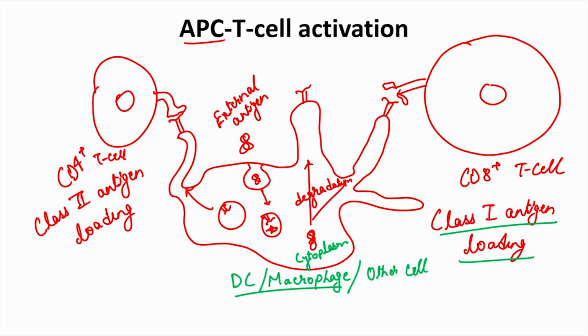If it is present in the cytoplasm, there is normal functioning machinery of a cell through which it can degrade any protein present in the cytoplasm. This gets degraded and then gets loaded onto a receptor, which goes to the membrane and binds to your immune cells.